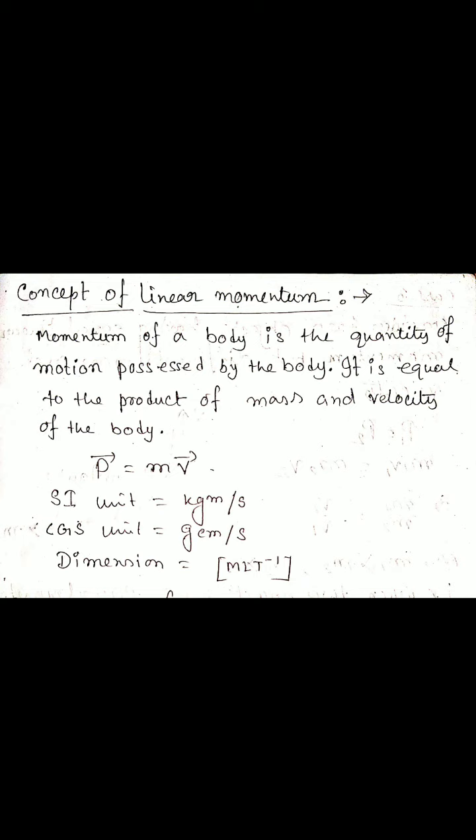But if, instead of that small piece of stone, we use a heavy stone, and it is also dropped from the same height, we see that the glass plane, the mirror, will break.